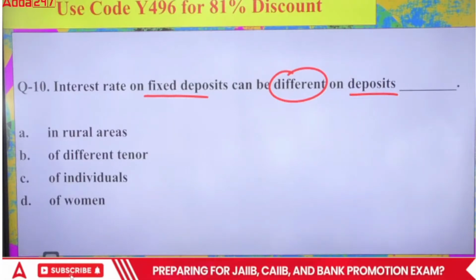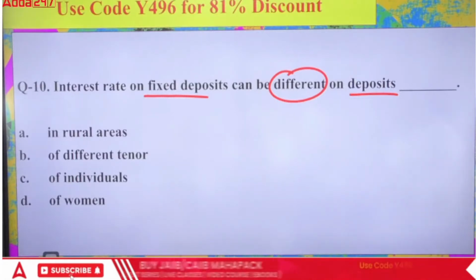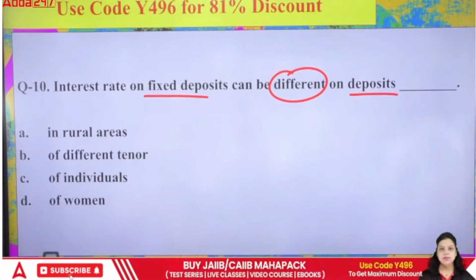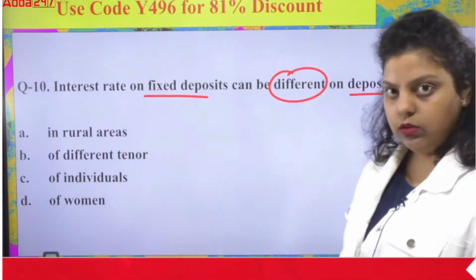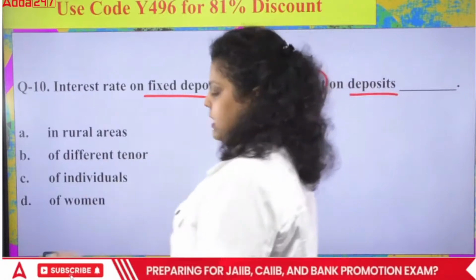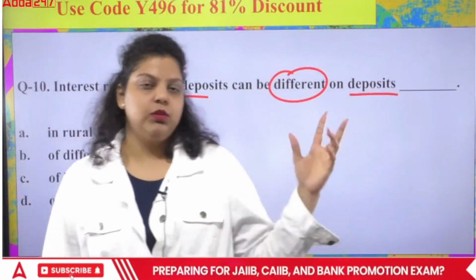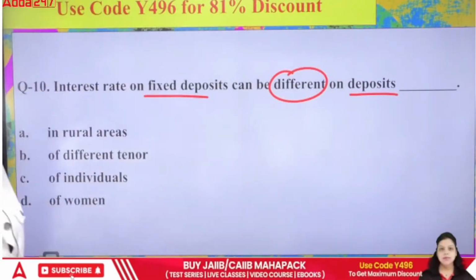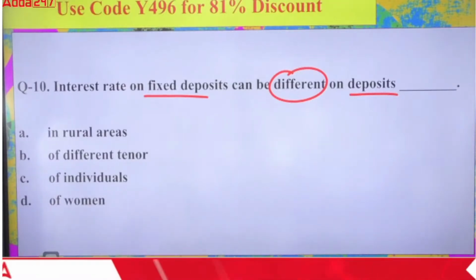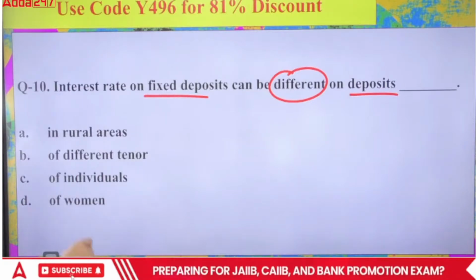If I talk about fixed deposit, FD is simply a term deposit. Under the FD, a one-time deposit will be allowed only. The minimum duration will be 7 days and the maximum duration will be 10 years. And the right answer here will be of different tenure.